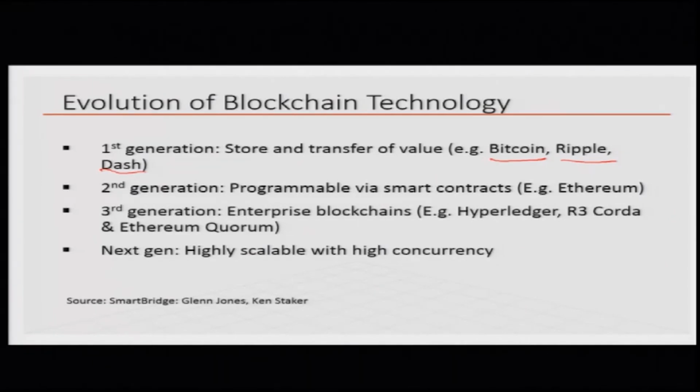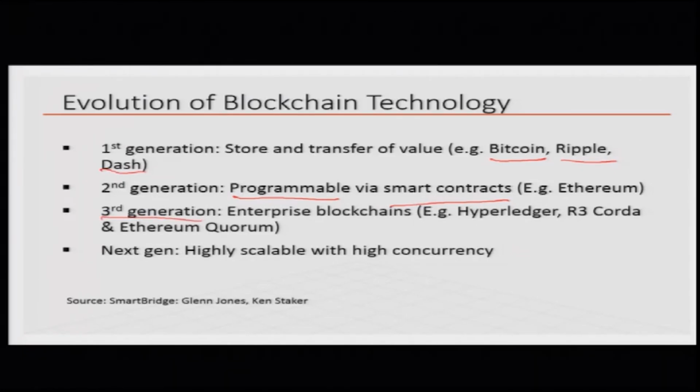They had very limited ability to program the transactions, and that limitation kind of prompted the idea of Ethereum and similar second generation blockchain, which is programmable via smart contracts.